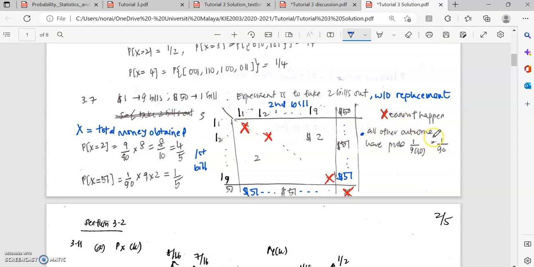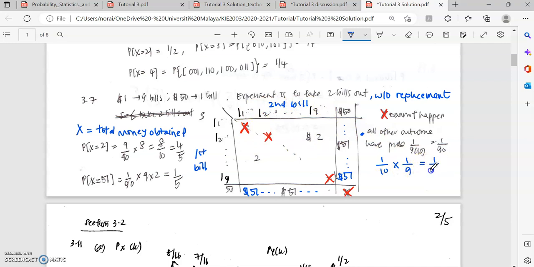All of the outcomes will have a probability of 1 over 9 times 1 over 10. On the first trial you have 1 out of 10 options, since we have 10 possible outcomes, and the second time you have only 9 outcomes because 1 has been removed, so 1 out of 9.